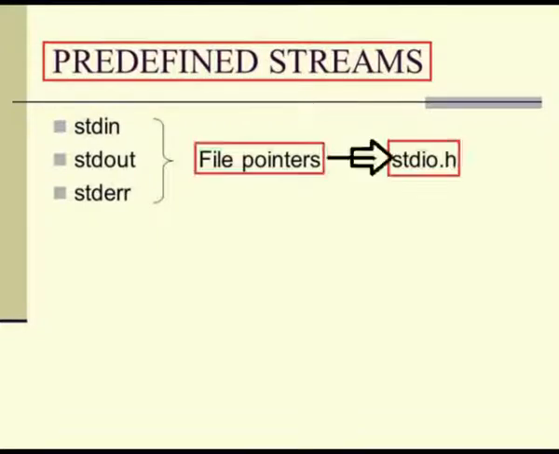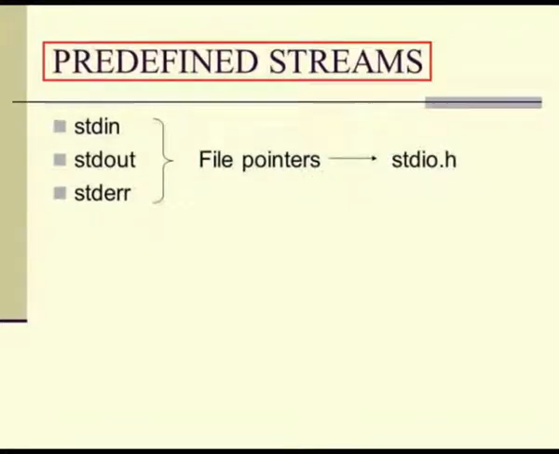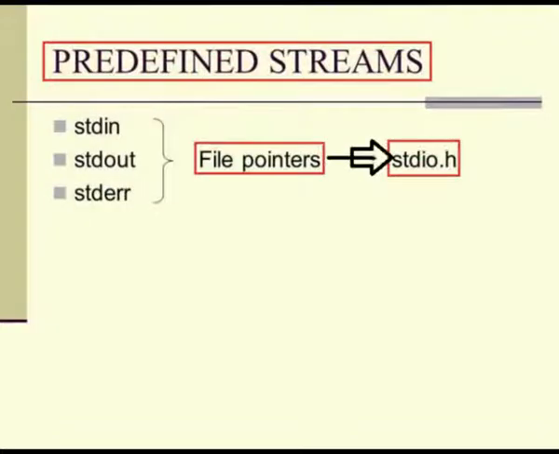All these are actually pointers which point to the file stdio.h. That is why we use this stdio.h header file in each C program, because this file contains all the definitions, meanings and all the other information necessary for the normal execution of a C program.